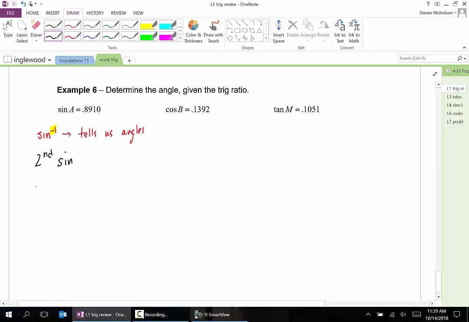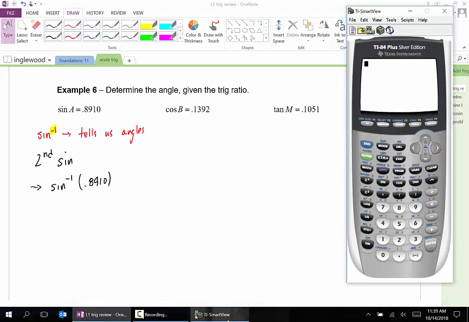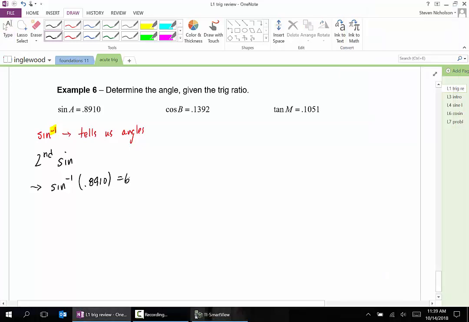Your calculator knows to tell you what angle has the sine ratio of 0.8910. When we do second sine 0.8910, our calculator tells us 62.99, which is 63 degrees.